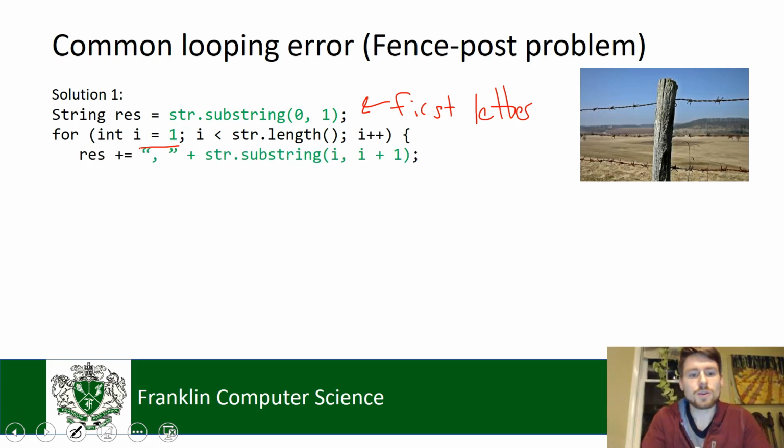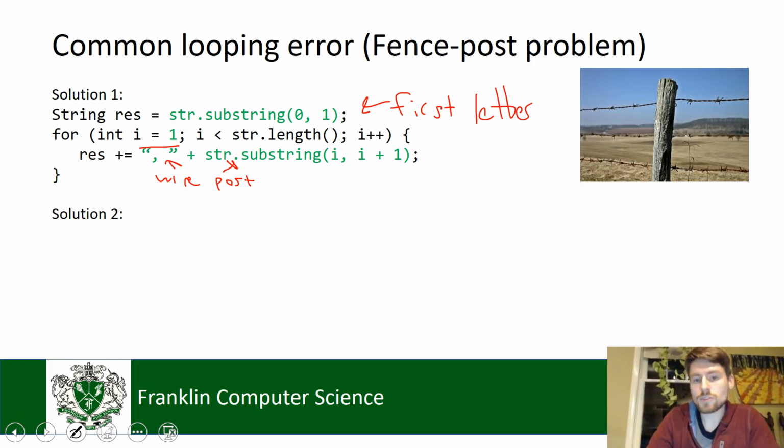And then we reverse the order. So our order got swapped so that now we're doing wire and then post. Okay? So we've swapped the order around. So we do comma followed by the letter. In this way, we're going to end with the post and everything will be good. We'll be doing what we want to be doing.